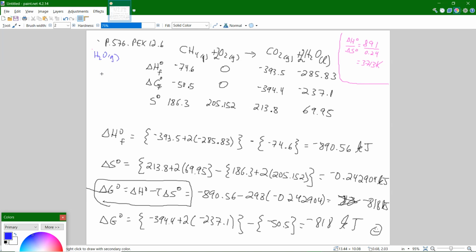Okay, I'm going to need the delta H naught and the S naught. I don't care about the delta G naught, because you can't use the delta G naught of the formation reaction if you're at a temperature other than 298 Kelvin.